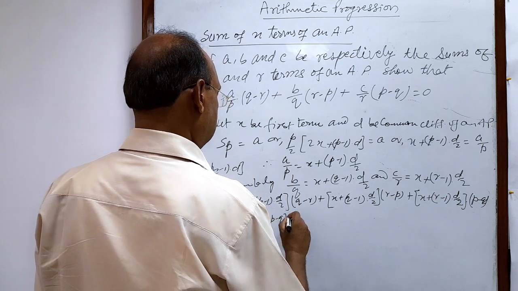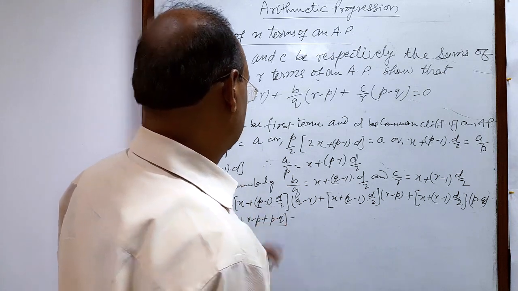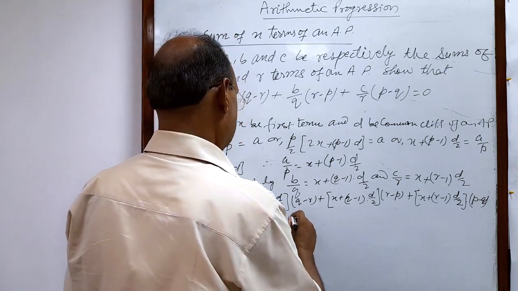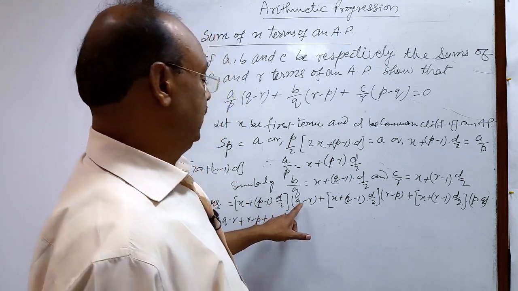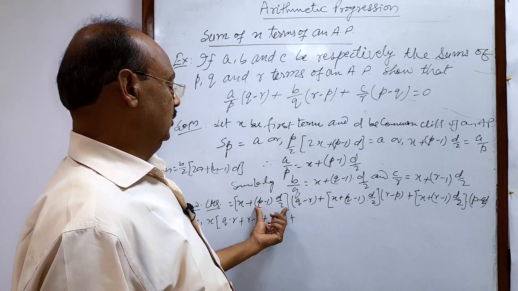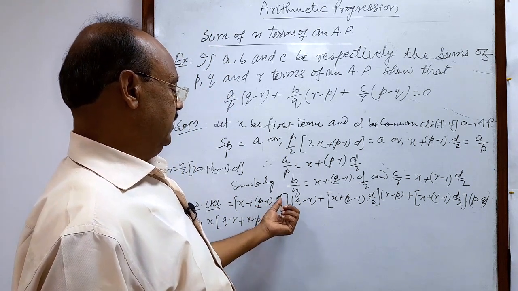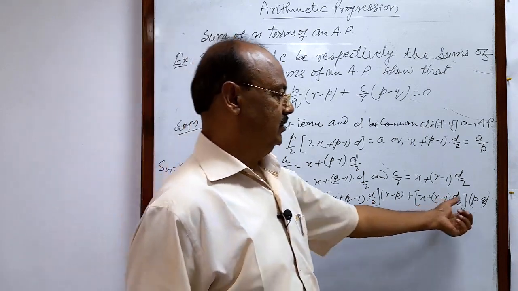Now let us see the second term, okay? So in the second term we can take d/2 common. When (q minus r) will be multiplied with this term, then we can take d/2 common, because this d/2 will be available in each term.